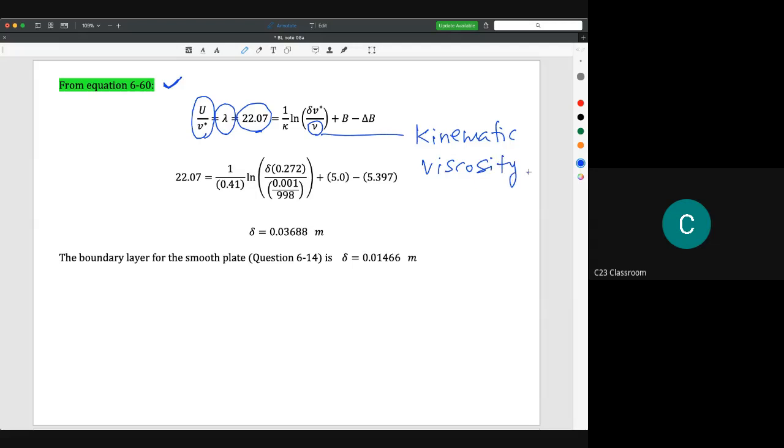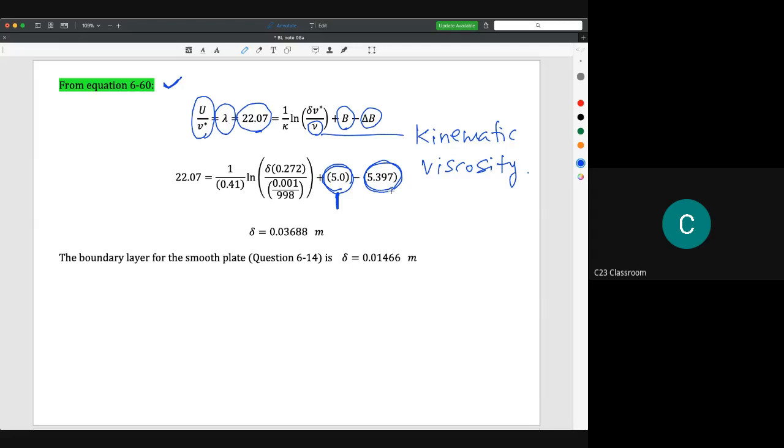And then we plus B and minus delta B. B here is a constant actually, the curve fitting value is 5.0, and delta B is a parameter that previous researchers used to show the changes of roughness. The 5.397 is what we get from our previous calculation.